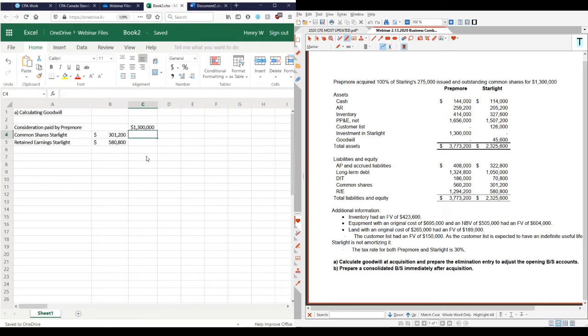Okay, so the total here. What we want to first find is the acquisition differential, which equals 1.3 million minus these two amounts. Okay, 418,000. Now we want to assign the differential, so let me go through the steps again to share with you.